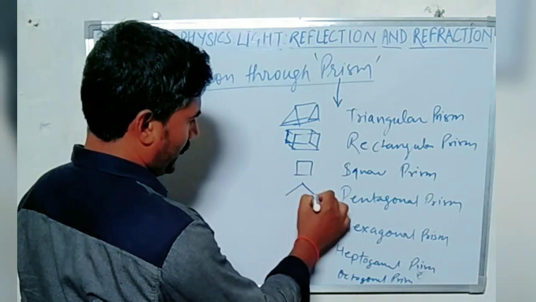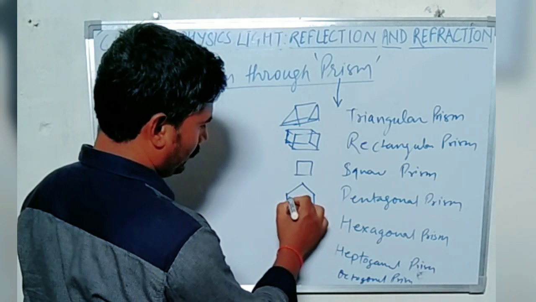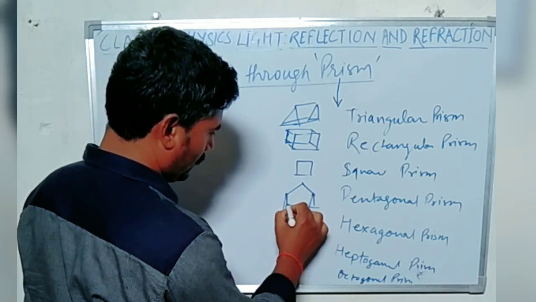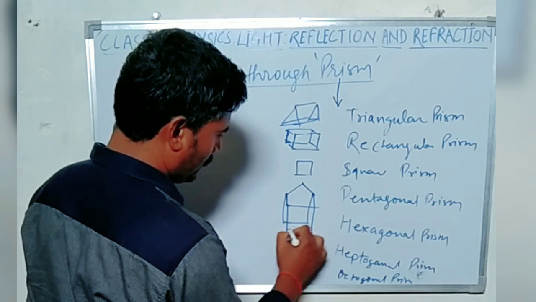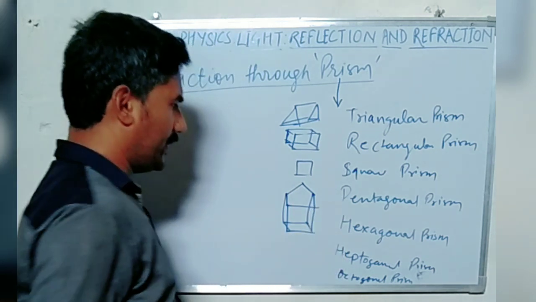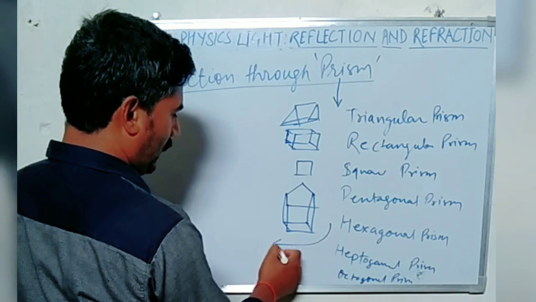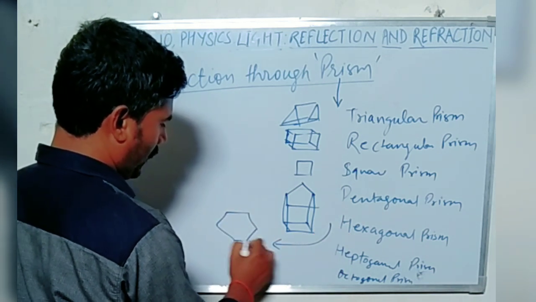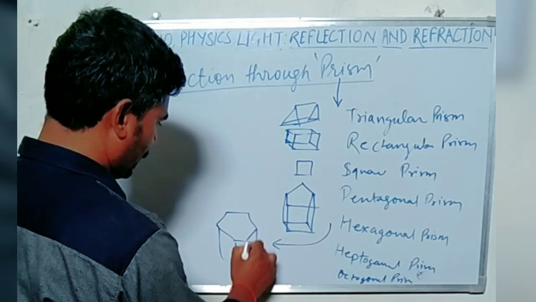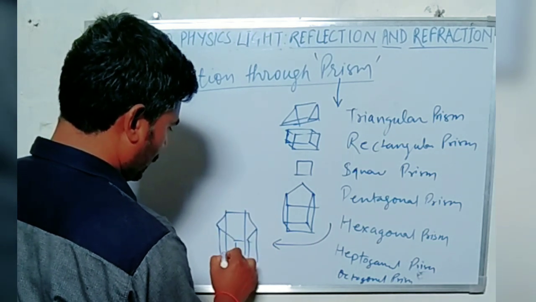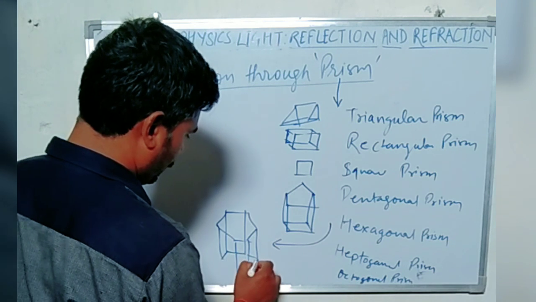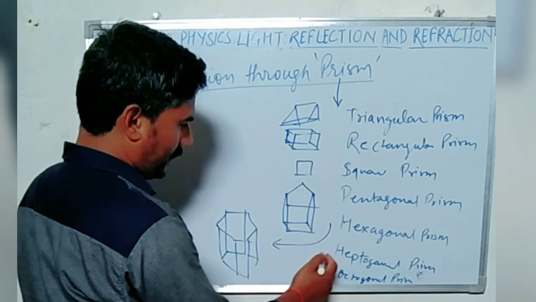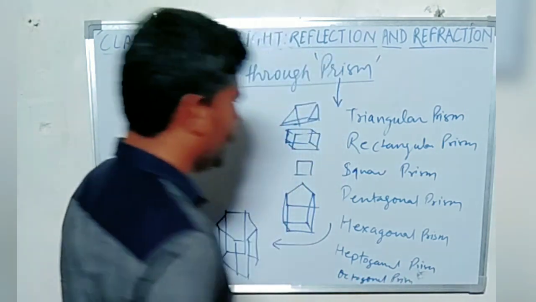This is pentagonal prism. Similarly, we have hexagonal prism, then heptagonal prism, and then octagonal prism.